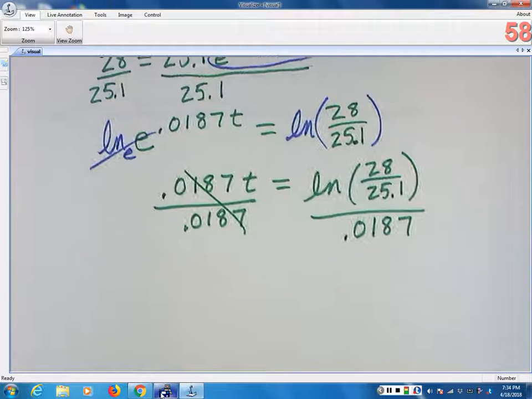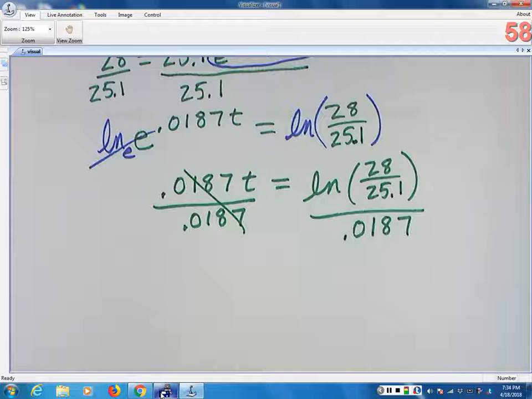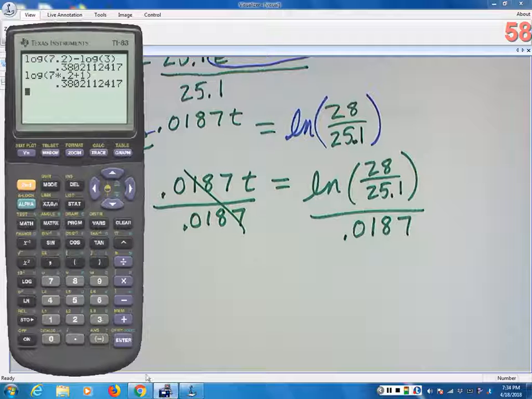So here's what t is. We put that in our calculator carefully, round to the nearest whole number. So it's natural log of 28 divided by 25.1, close the parentheses, and then divide by 0.0187.